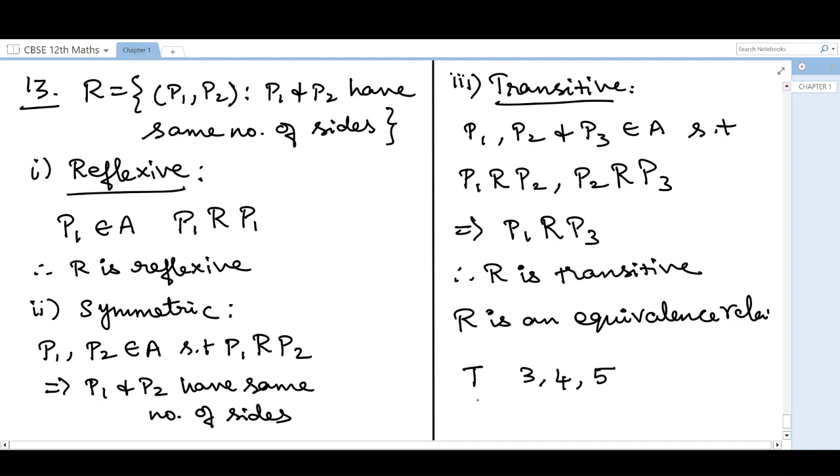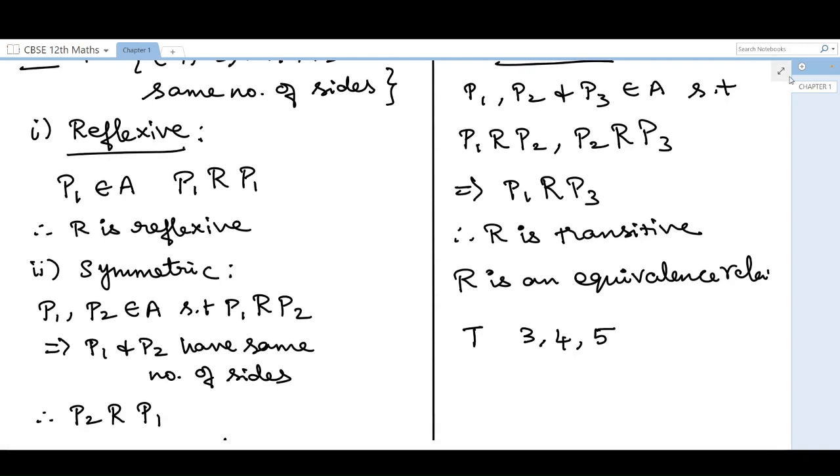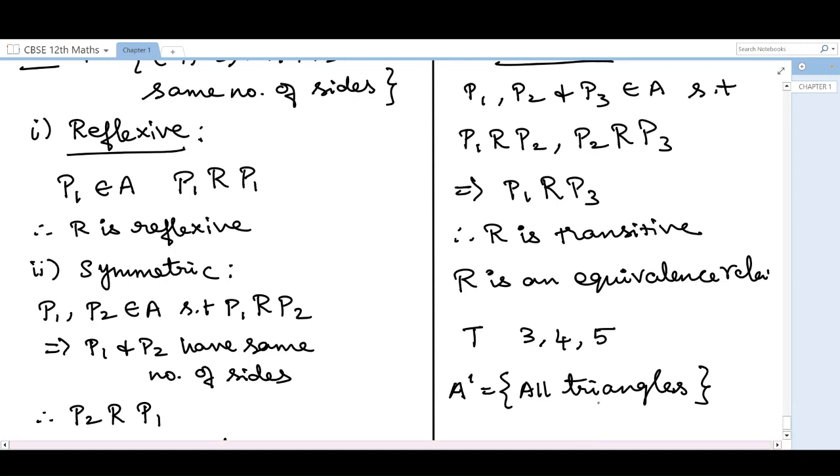So the new set of elements that we are going to form, say A dash, will consist of all triangles. Not necessarily they should be right angle triangles, because the relation is given such that the number of sides of the polygon should be same. So all the triangles will have 3 sides.